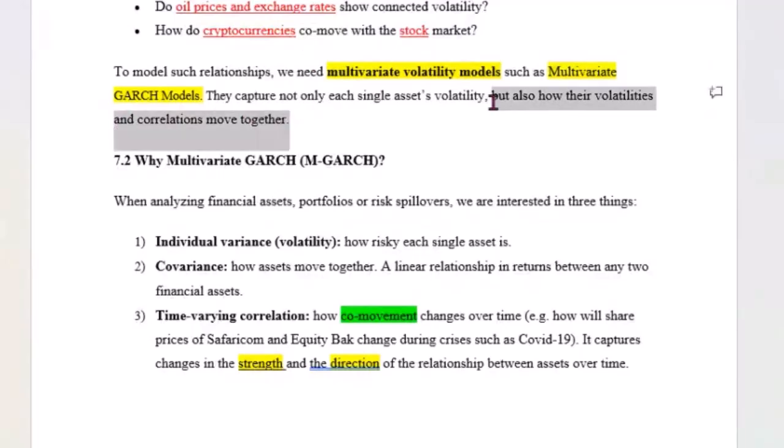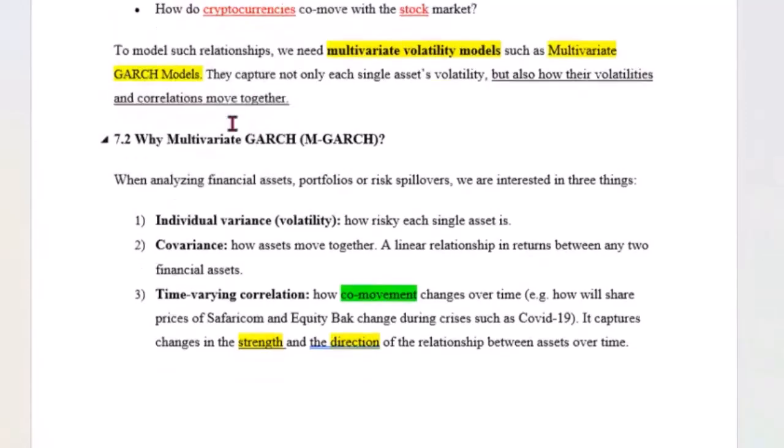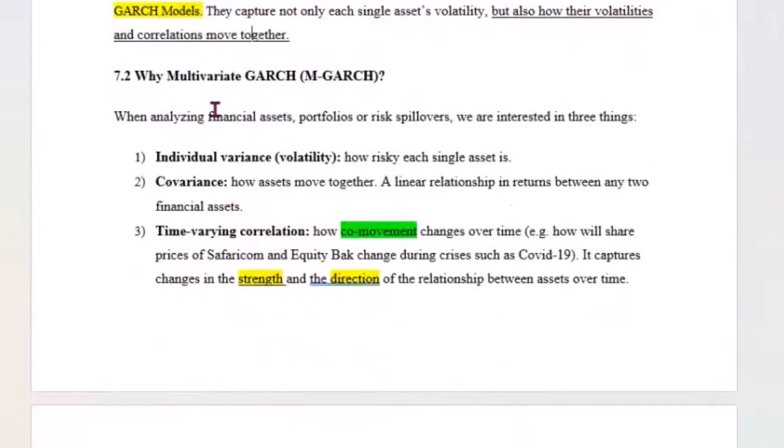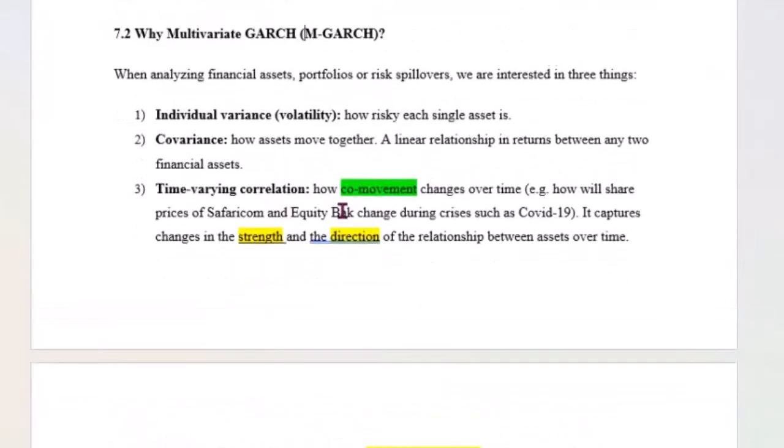This is very important. So that is just an introduction, and then we move to the second section: why do we need multivariate GARCH models?